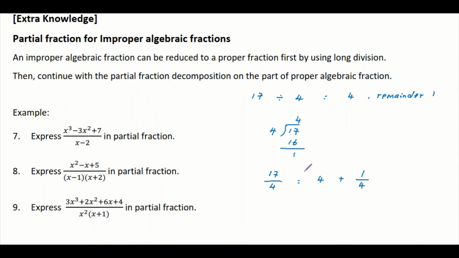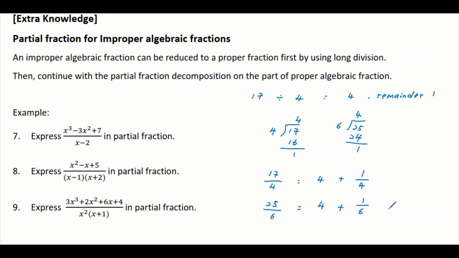So how you write this is: your dividend divided by your divisor gives your quotient, so your quotient plus your remainder over your divisor. So if I have 25 divided by 6, which is an improper fraction, then you get a quotient of 4 and a remainder of 1, so it will be 4 plus 1 over 6.